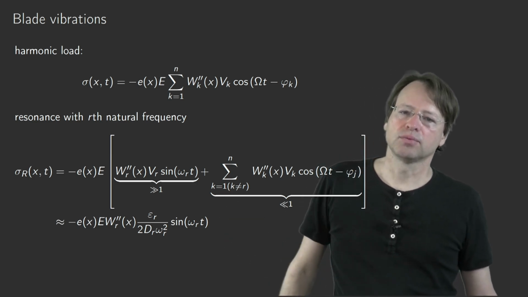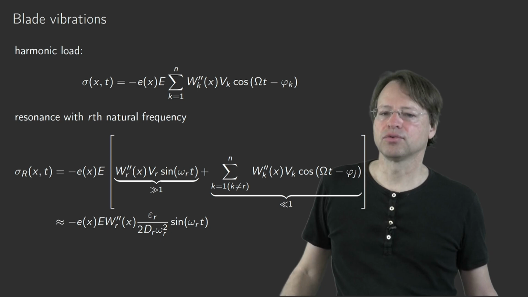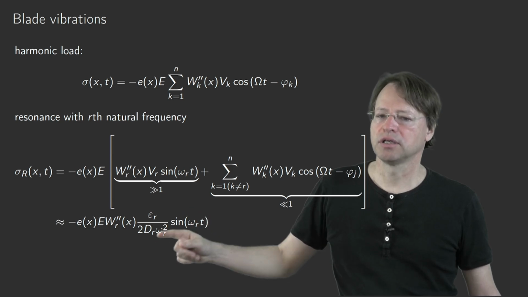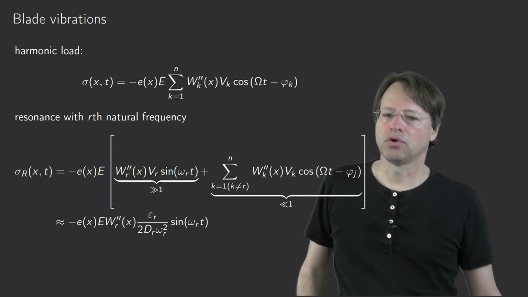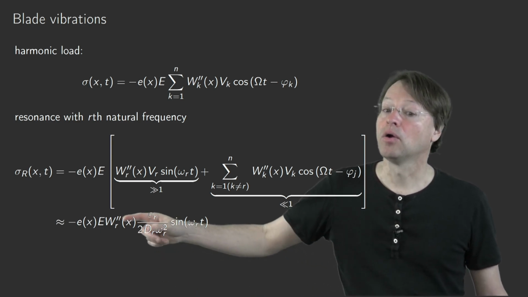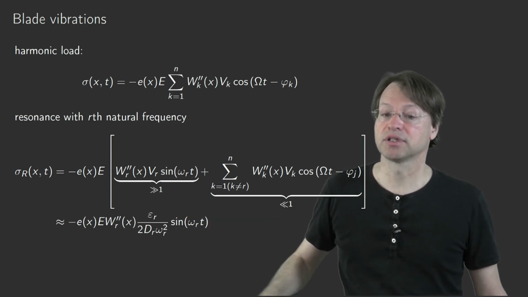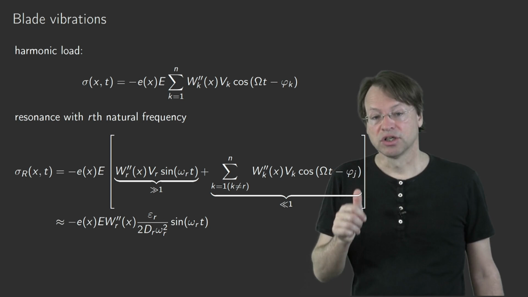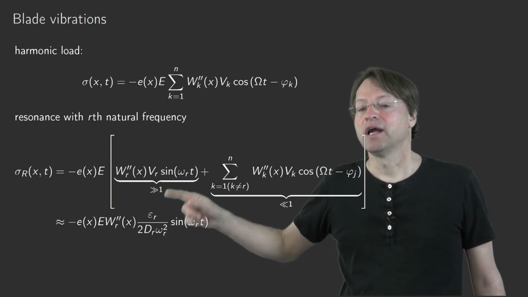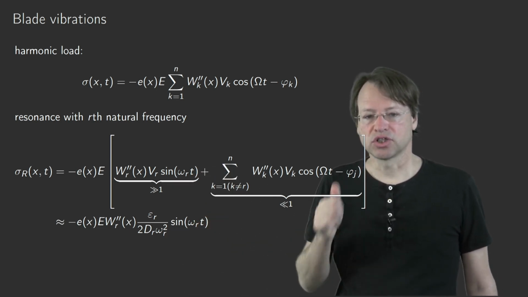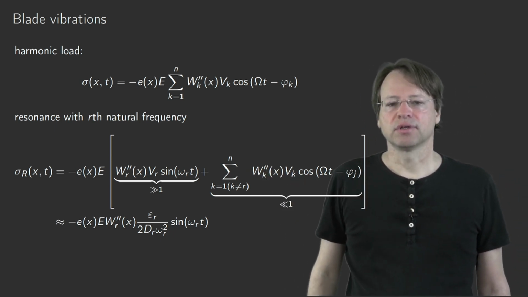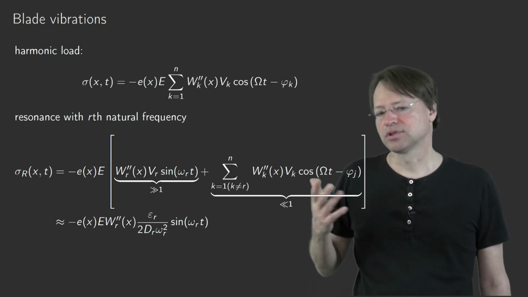So therefore we neglect all the other contributions and take only that resonance contribution into account here. So in fact, for the harmonic load, you have to compute epsilon_r and D_r just for one case. Of course, you have to know where the resonance occurs, so you have to compute all the mode shapes beforehand and then evaluate epsilon_r and capital D_r just for one mode shape, namely the resonance mode shape. And similar for the static load, there is just one case that you have to evaluate, and usually this is the first natural frequency, or the first mode.